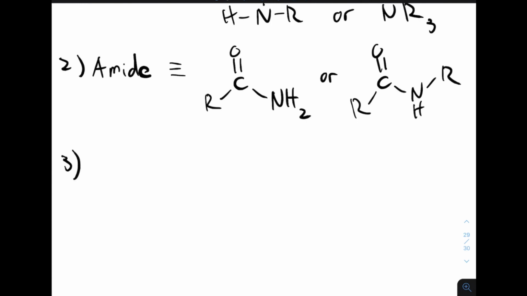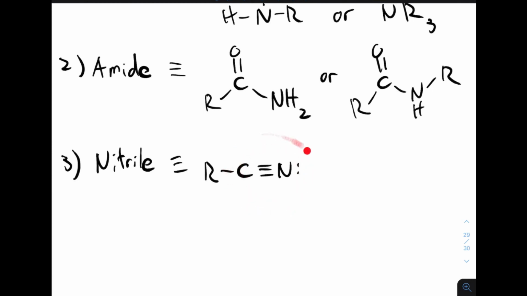For the last example, we'll talk about nitriles. And this is simply carbon triple bonded to a nitrogen. And the carbon could be attached to anything else, alkane, hydrogen, but the defining feature is this carbon-nitrogen triple bond. Okay, so this is a nitrile group.